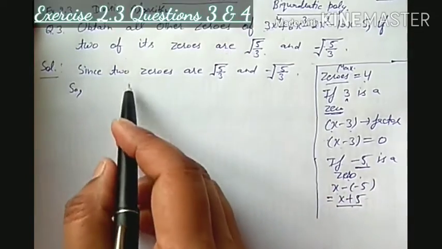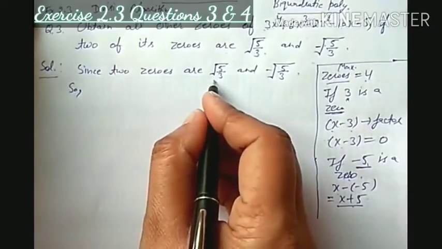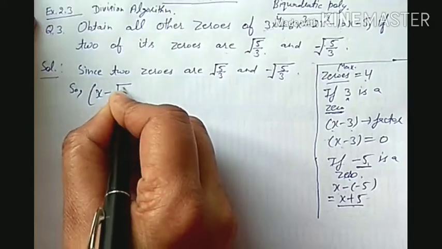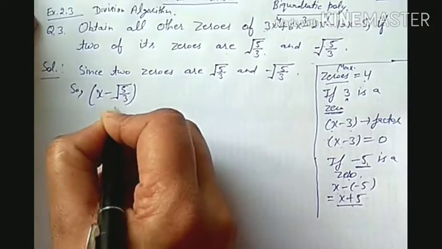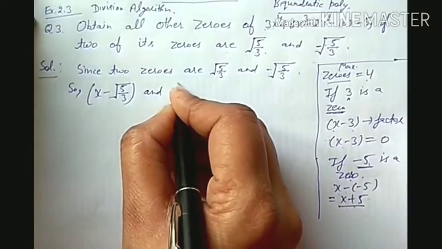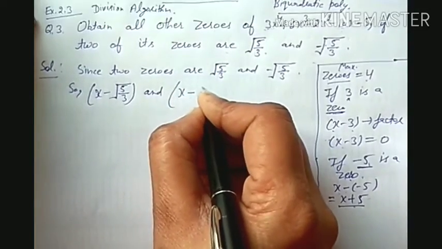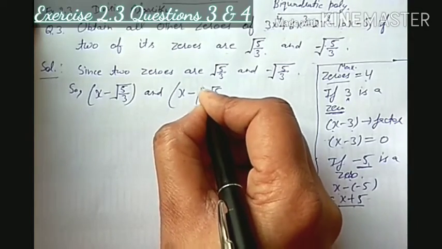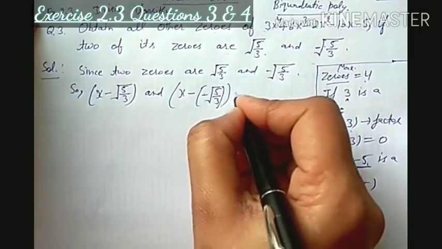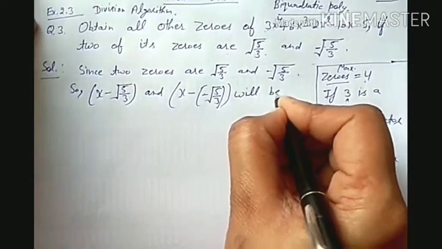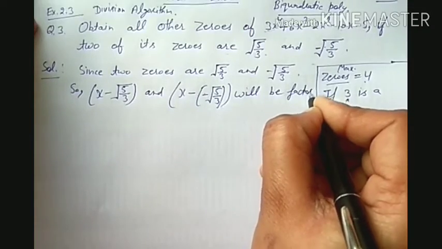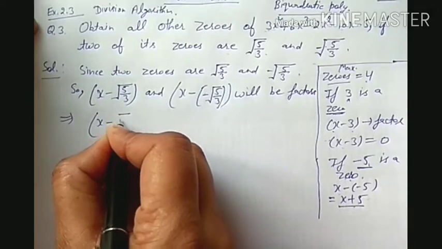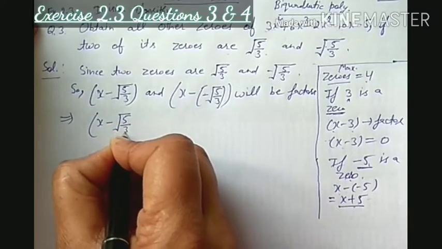तो अपनी गिवन प्रॉब्लम में √5/3 एक 0 है, सो x माइनस √5/3 एक फैक्टर and x minus this -5/3 will be our factor, will be factors, that is equal to x minus 5/3.